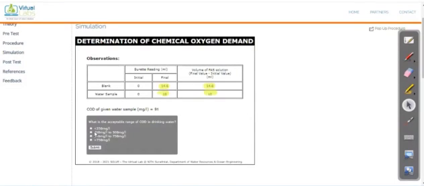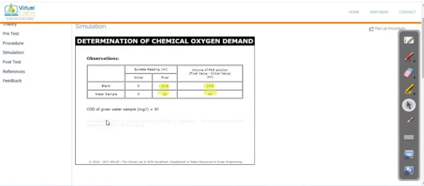Yes, it is less than 250 milligram per liter. You click on the submit button. Your answer is correct. The acceptable limit of COD in drinking water is less than 250 milligram per liter. So this sample is suitable for drinking water. If I have to take it, then this sample is suitable for drinking. So this is the test.